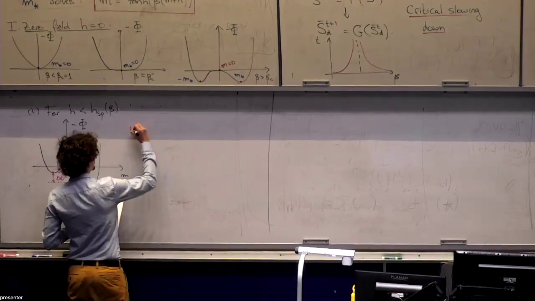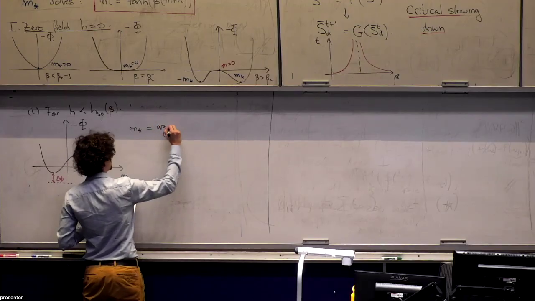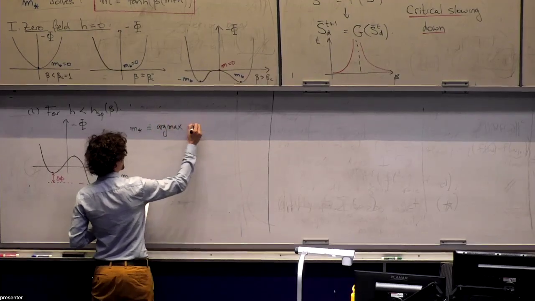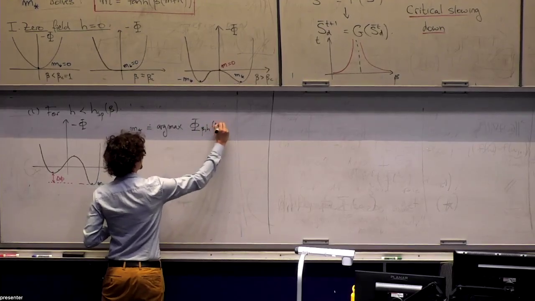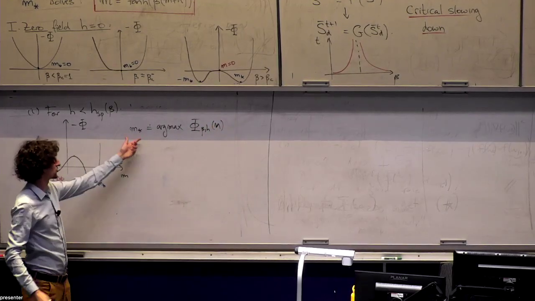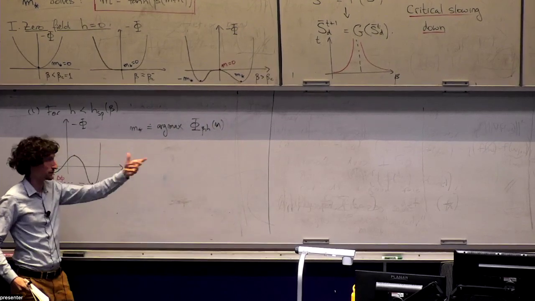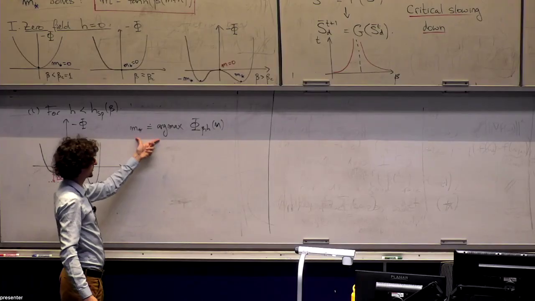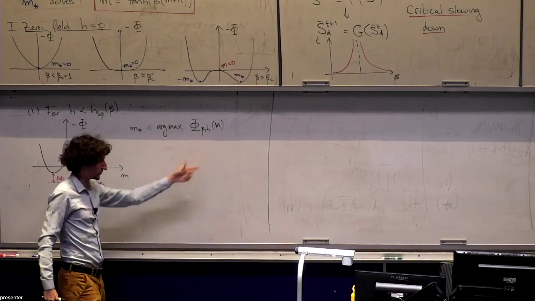Where I remind that m star is equal to the argmax of phi. So the one that actually corresponds to the equilibrium magnetization, so the magnetization of a typical configuration from the Boltzmann-Gibbs distribution, is the one that actually maximizes the large deviation potential.